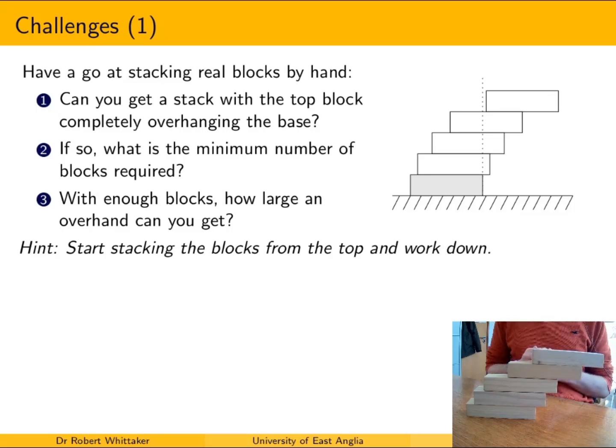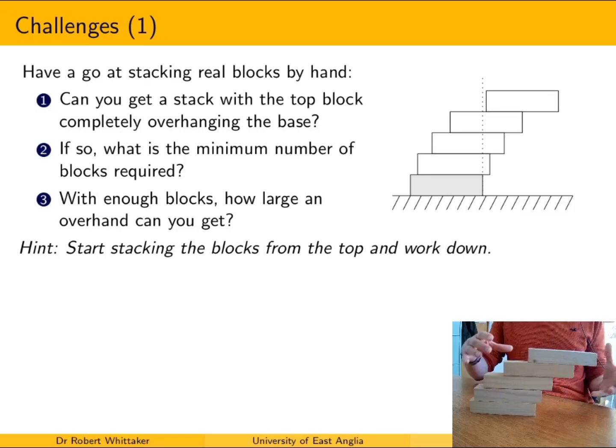So can you do that? And if so, what's the minimum number of blocks that are required to do it? And if you've got enough blocks, how large an overhang can you get? So could you get this top block 1.5 blocks away or 2 blocks away even, if you had enough blocks in your stack?